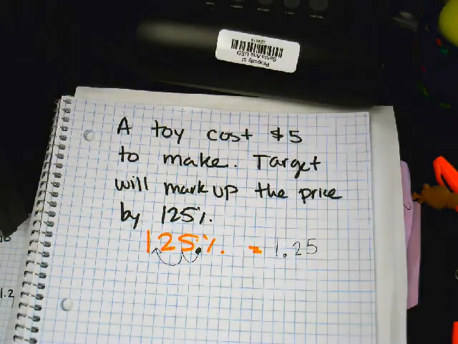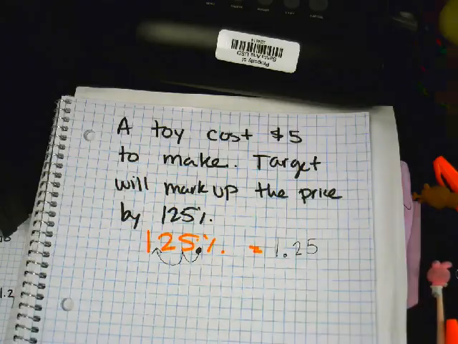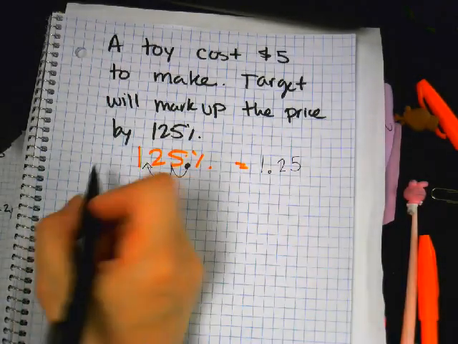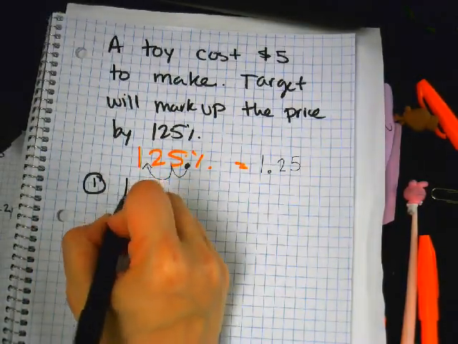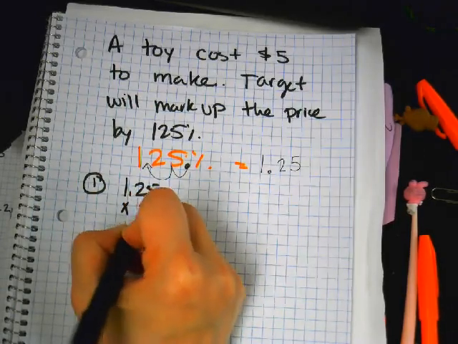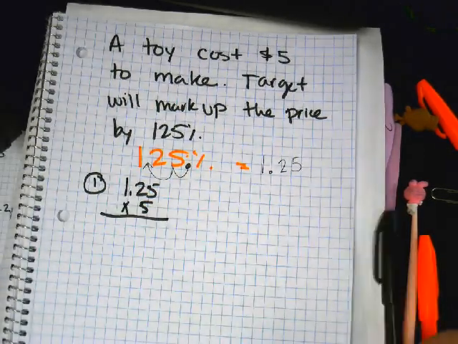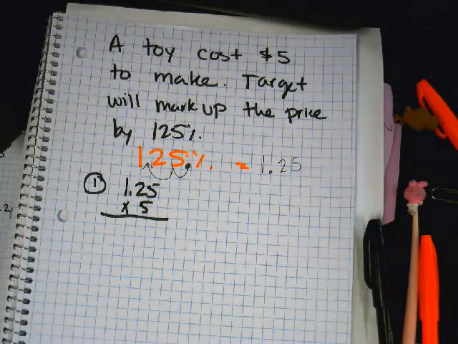What are we going to type into the calculator? Why did I put the 125 on top? Because it has more numbers. So it looks neater. Type it in.